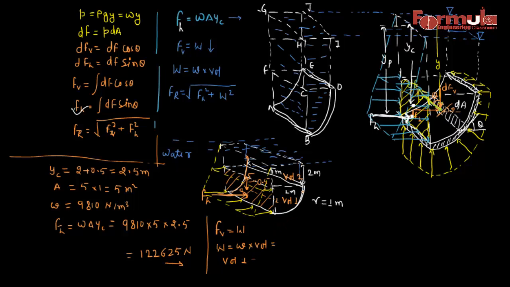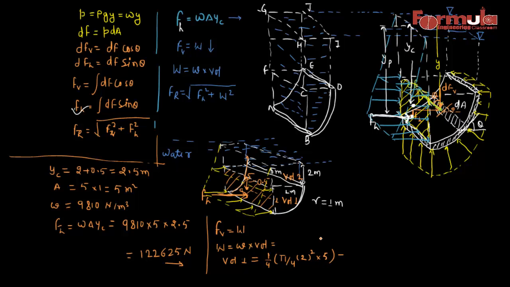This is a quarter of a cylinder, so we can write this will be equal to 1/4 of pi by 4 d square into h. The radius in this case is 1, so diameter is 2, and the height in this case is 5. Okay, so this is our volume.